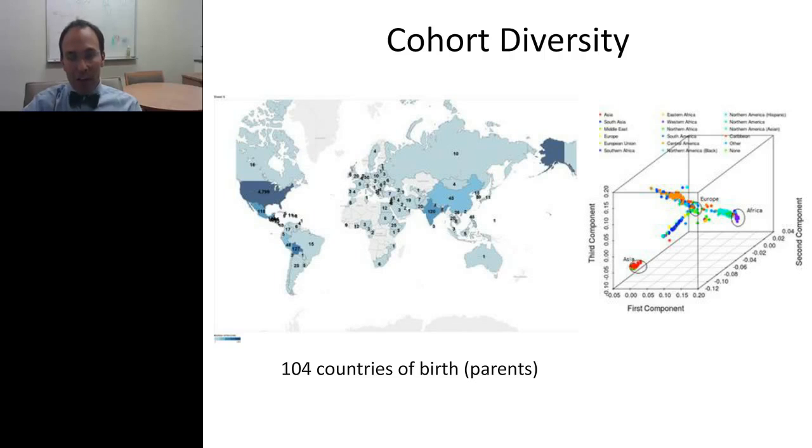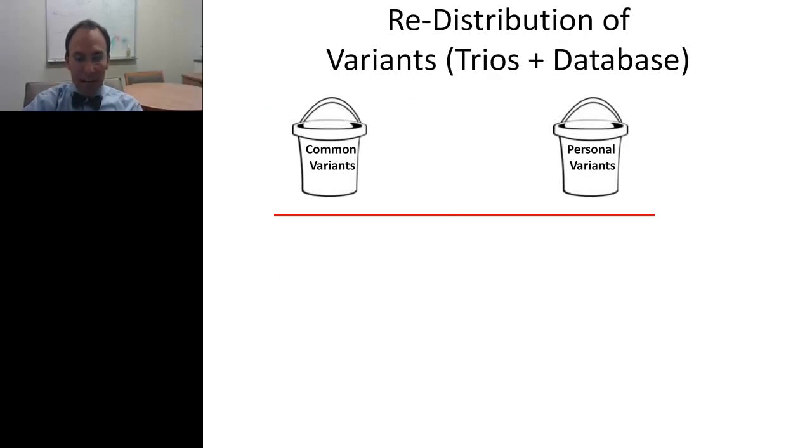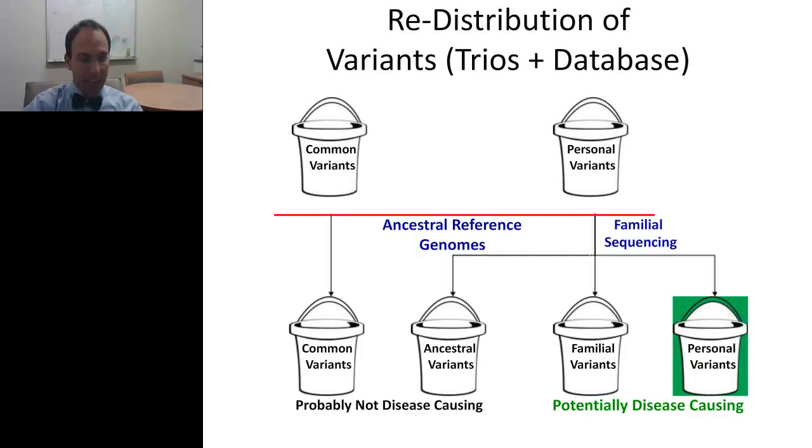And then on the other side here is just a very simple PCA plot, showing where people who participate are from. Again, the point is we have a very diverse cohort with people from all over the world. We have a special strength in areas of Central America, where we do have a lot of immigrants to this region. I know it goes without saying for this audience, but I'll say it anyway.